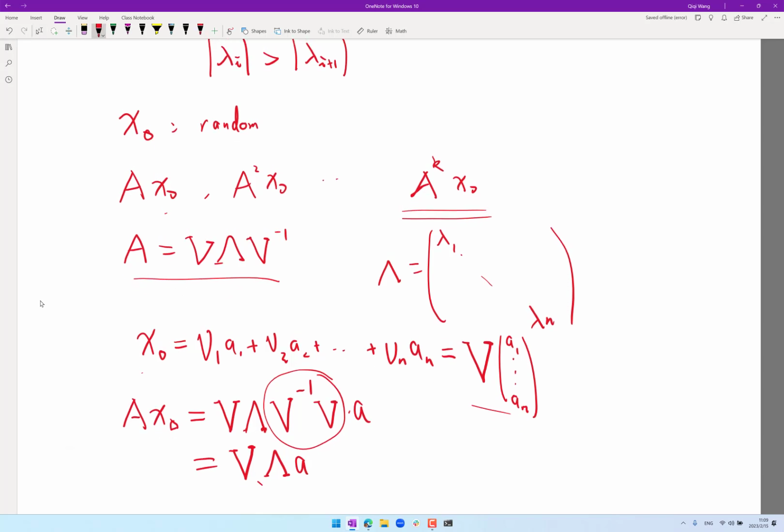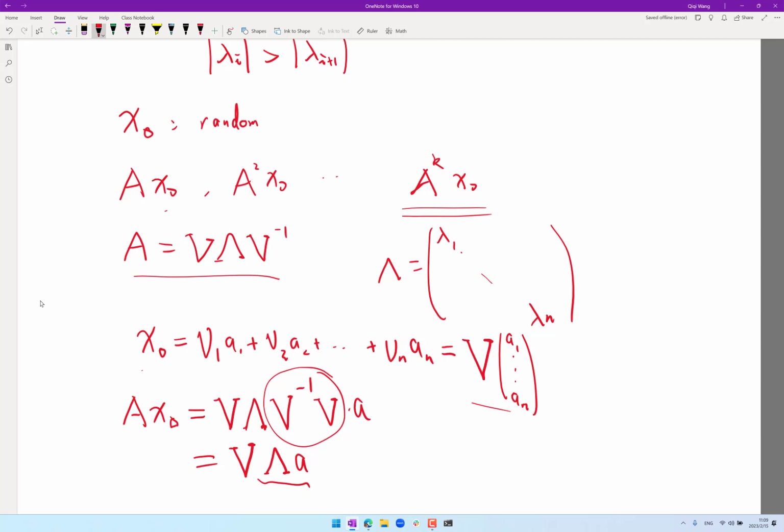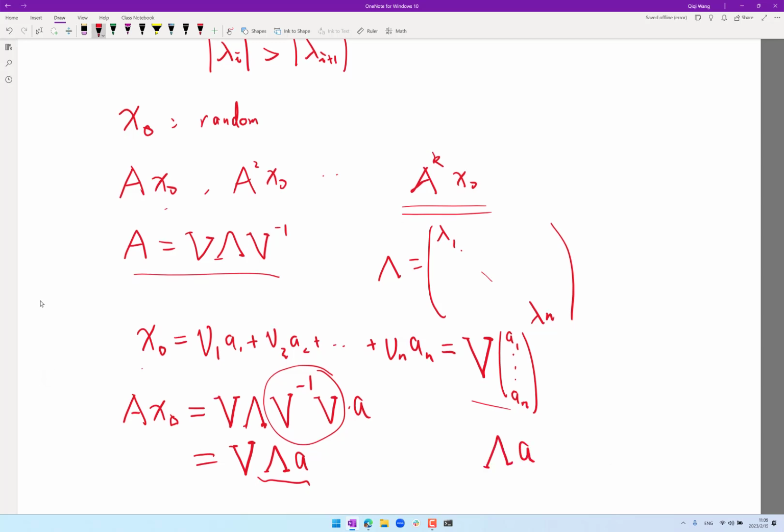Now let's focus on lambda times a. So lambda is a diagonal matrix, and a is a column vector, right? So lambda times a can be written as lambda 1 a1, lambda 2 a2, etc. all the way to lambda n times an.